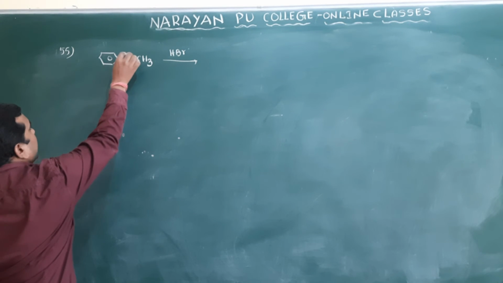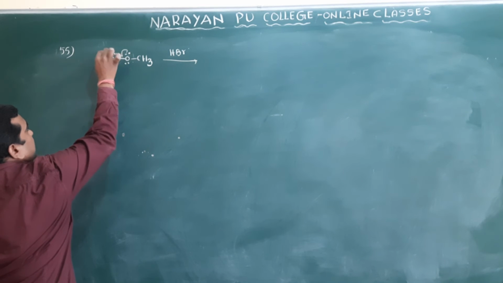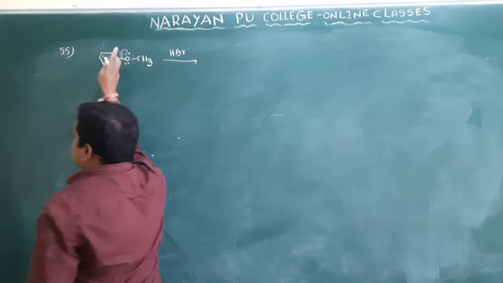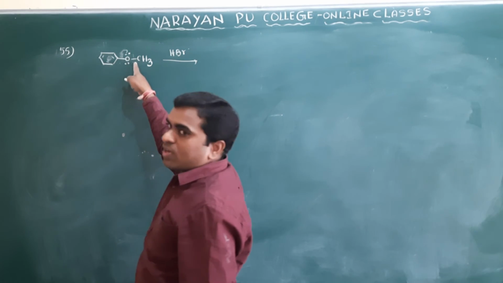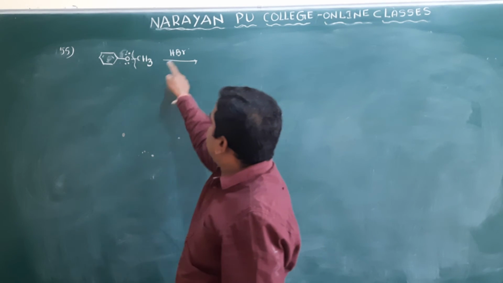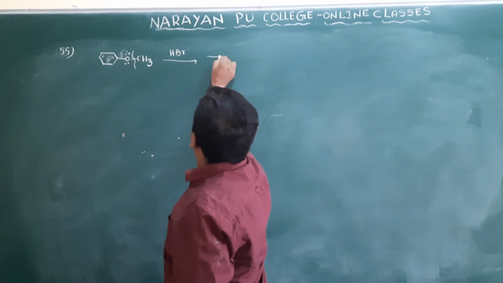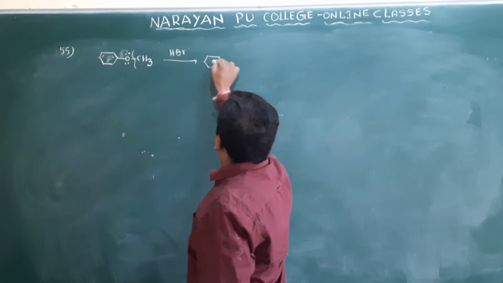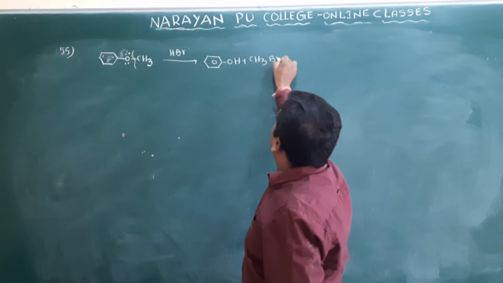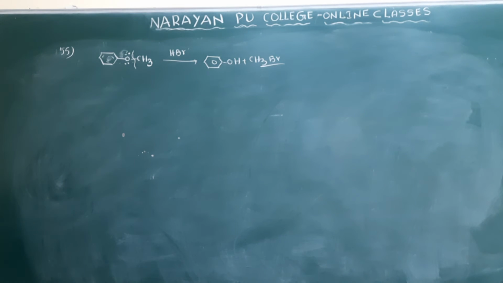This bond will not break, because it is in resonance with the benzene ring, so it has partial double bond character. Breaking a double bond is more difficult than breaking a single bond, so this other bond will break. Then H will be added here and Br will be added. So the compounds you will get are phenol plus methyl bromide. This is the reaction, so your option should be option 4.